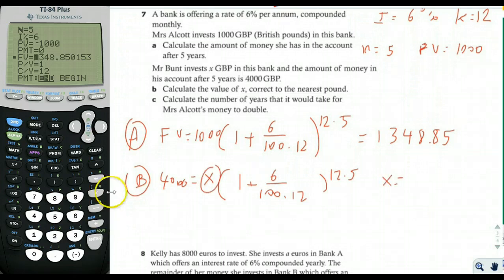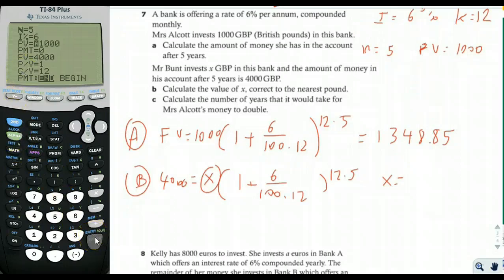Well, the calculator can find any one of these as an unknown. So if we put that the future value is 4,000 and the rest we leave the same, also for 5 years, right? So we can leave n equals 5 also. We don't know the present value because it says that he invested X. We don't know how much X is.